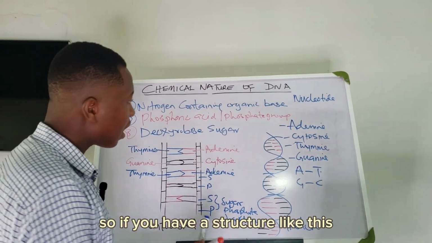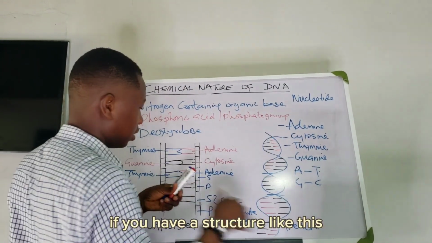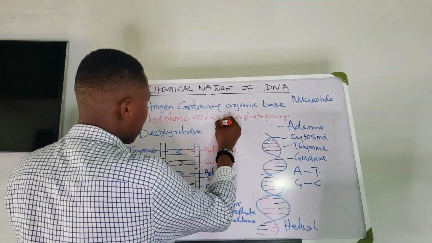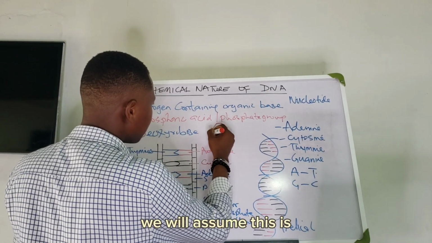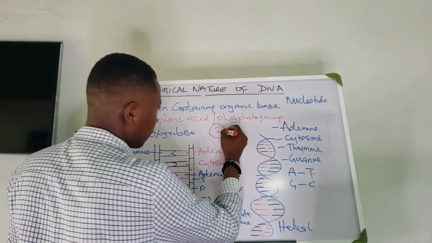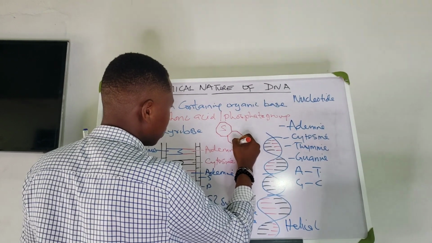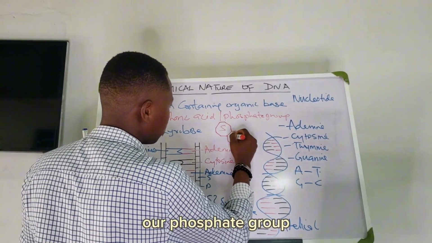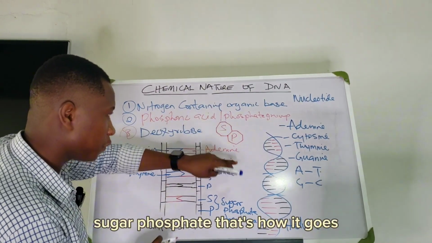All right, so if you have a structure like this, we will assume this is sugar, and this is our phosphate group. Okay, so sugar, phosphate, that's how it goes.